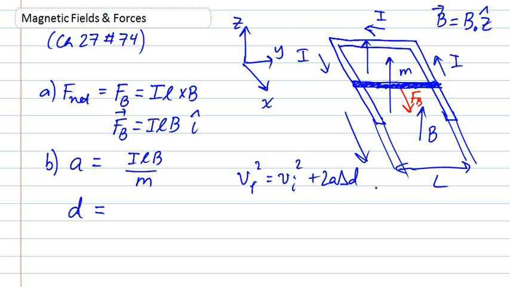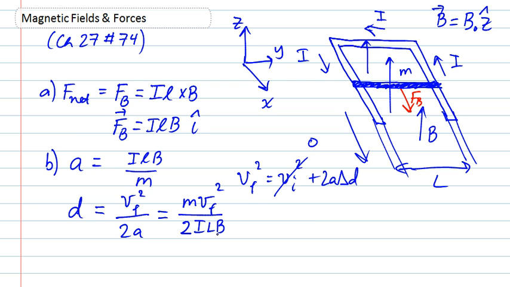Saying v initial is 0, the distance is v final squared over 2a. If you plug in the expression for acceleration, it's going to be m v final squared over 2ILB.